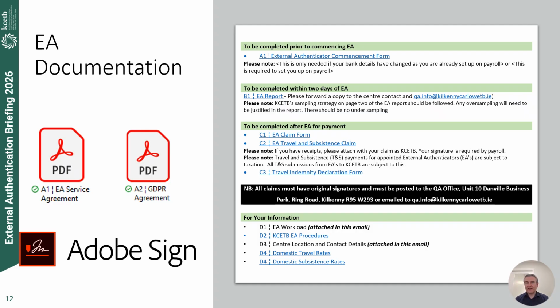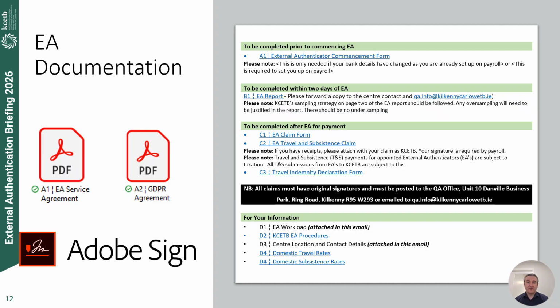Just to note that if you have EA'd for us before and you're on our system, you don't need to fill this in unless your bank details have changed. If your bank details have changed, you need to fill this in so we can send it to finance and have your bank details updated. If you've never EA'd for us before, you will need to fill this in so that you can be put on our system for payment.